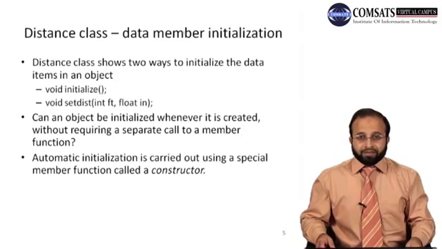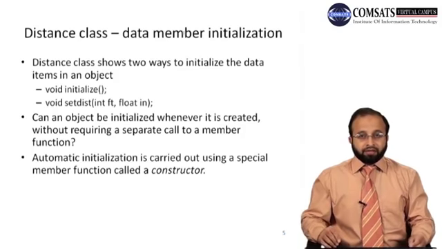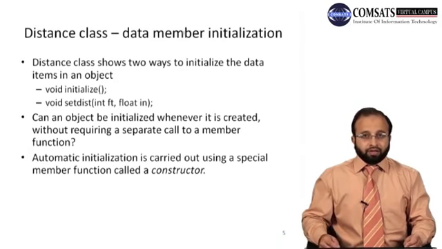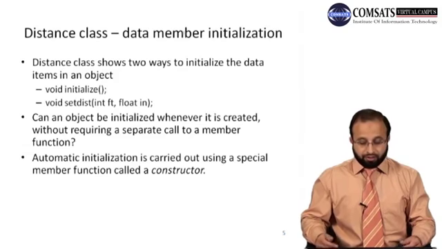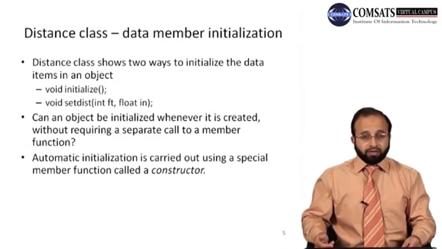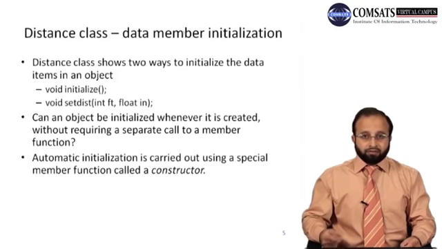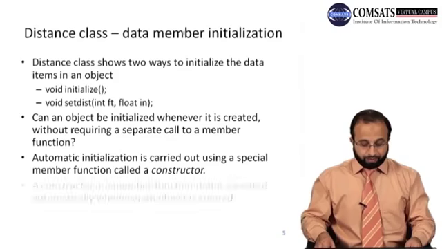the object is created means that the memory is allocated for that object, right? And behind the scenes, the constructor will be called. The constructor is a special function that is called automatically whenever an object of that class is created. So if you create 100 objects, for every object that constructor will be called implicitly, that is automatically.